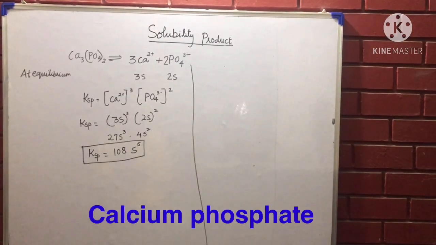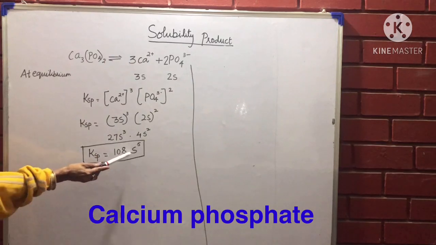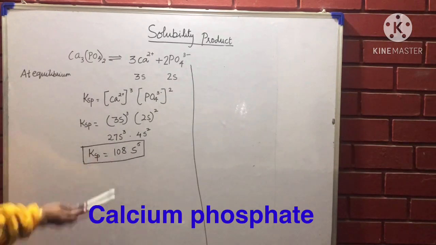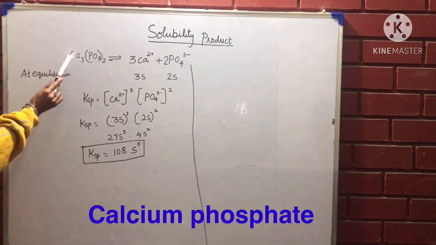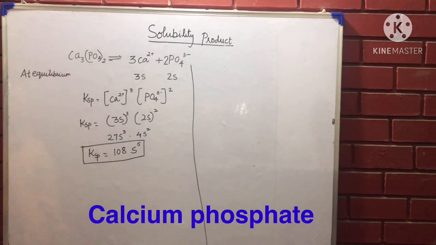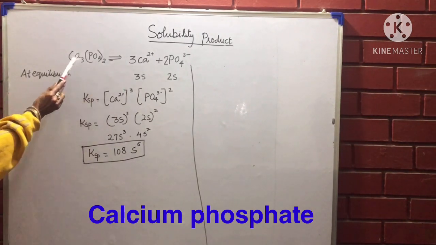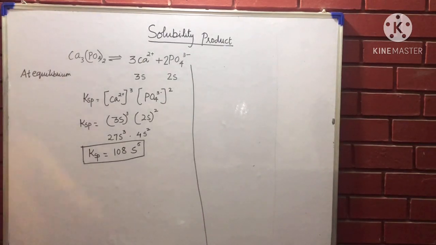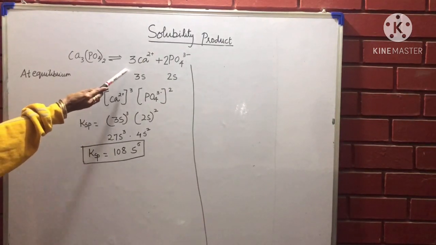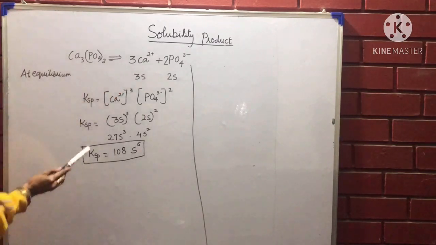So for different salts, you will be finding the relationship between Ksp and solubility. Like if it was calcium phosphate, it gives 3Ca2+ ions and 2 phosphate 3- ions. See the valencies on the opposite side, calcium's valency is 2, phosphate is 3. So at equilibrium, I'll say this is 3S and 2S.